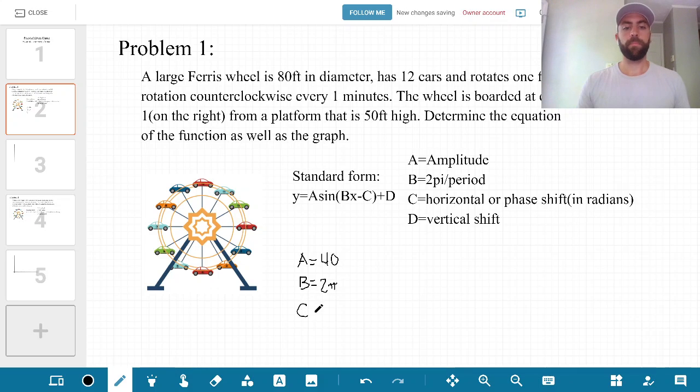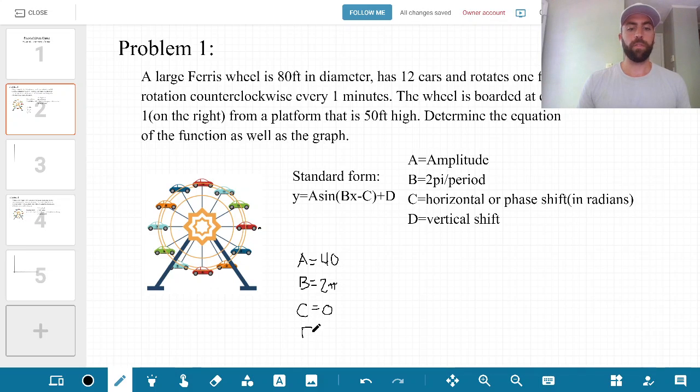We'll get C, the phase shift. If you remember, the unit circle starts here on the right side and goes counterclockwise as we count around it. So this is actually the 0 point, meaning that we don't need a phase shift. So we'll just put 0 here.